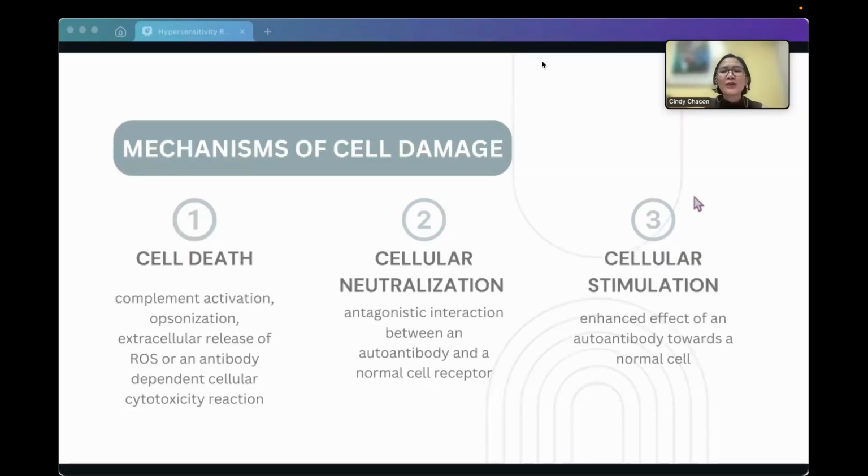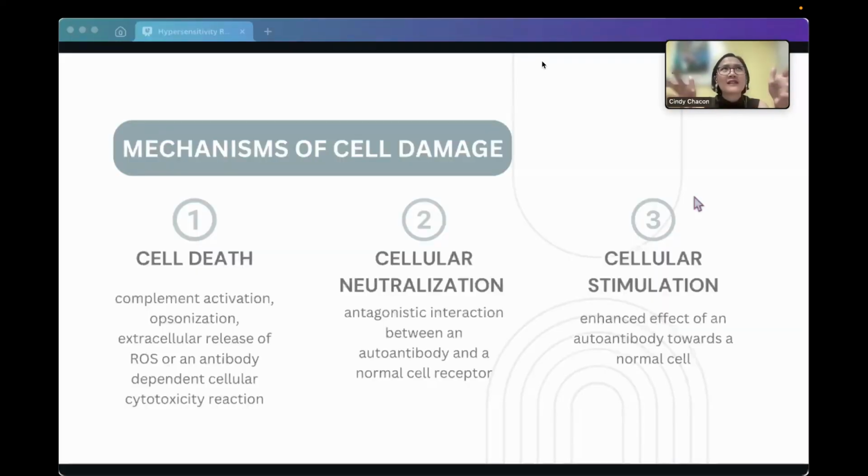Pero sometimes what happens is that these antibodies actually bind to cells that are not foreign. And then cell death occurs because since they are flagged already, they are targeted, they are already marked by your antibodies, cell death occurs because of complement activation.